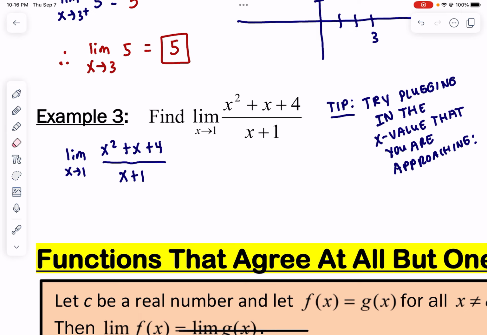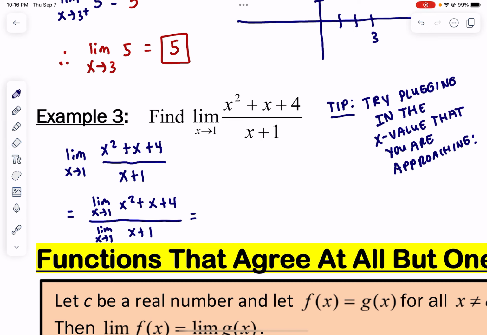I'm going to be real specific here before we plug in. We can use the division property. So this limit can go to the top and the bottom. So you have limit as x approaches 1 of x squared plus x plus 4 over limit as x approaches 1 of x plus 1.